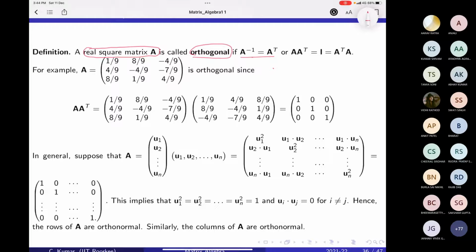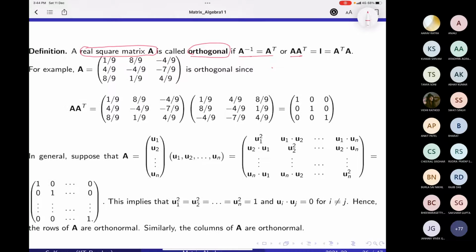In other words, we can say that A into A transpose is equal to I, or A transpose A is equal to I. So from here, we can say that the rows of A are orthonormal vectors.